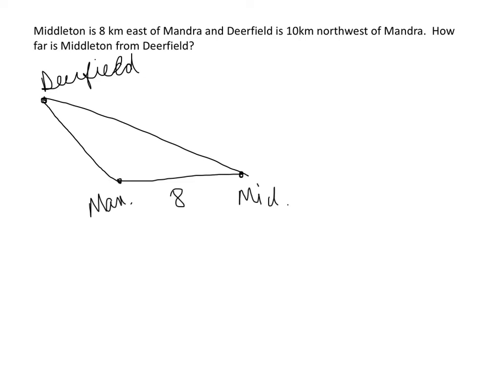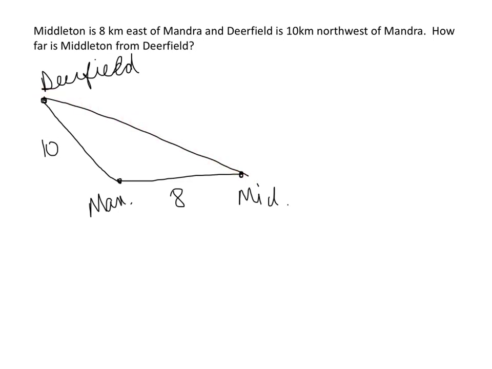I have some sort of oblique triangle. So I'm going to have to use the law of cosines because I can't use trig ratios to solve this. We do have that this is 10 kilometers north. So what we need to know is how far Middleton is from Deerfield. So we want this distance here.